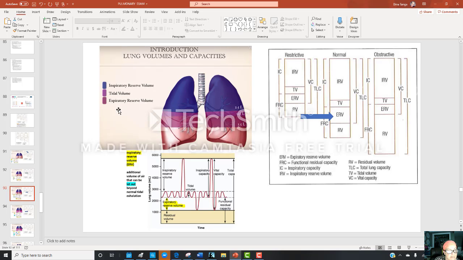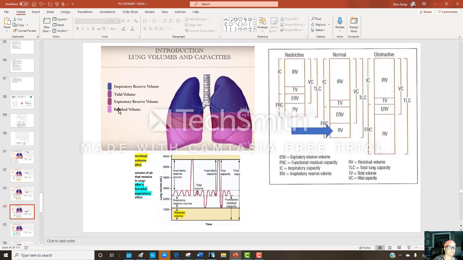Expiratory reserve volume: additional volume of air that can be let out beyond normal tidal exhalation. Then you have residual volume, which is at the bottom here: volume of air that remains in lungs after a forceful expiratory effort.